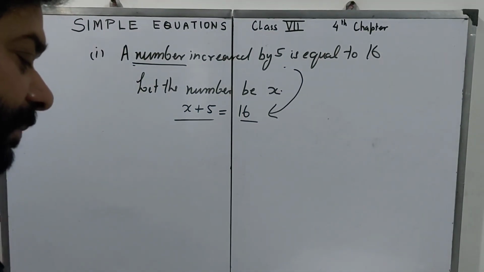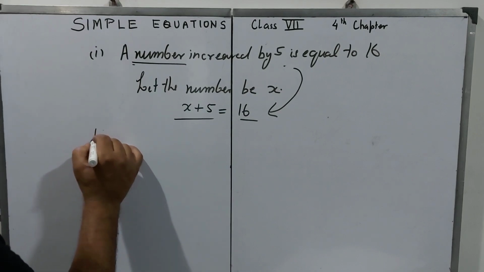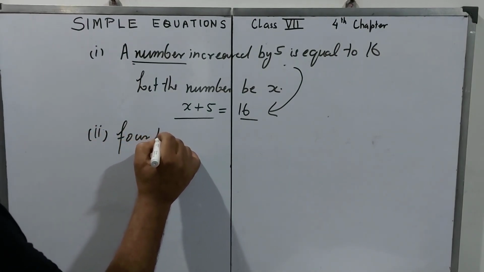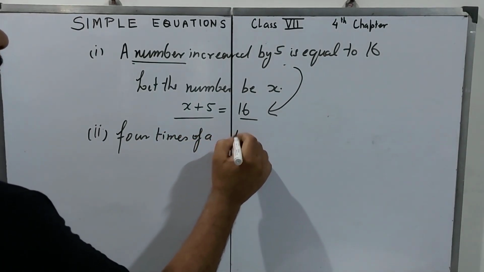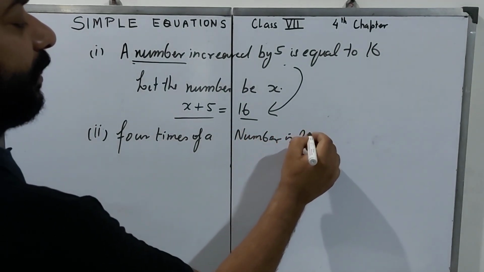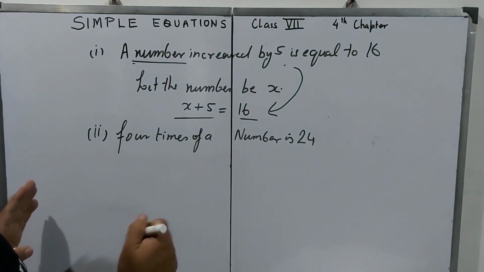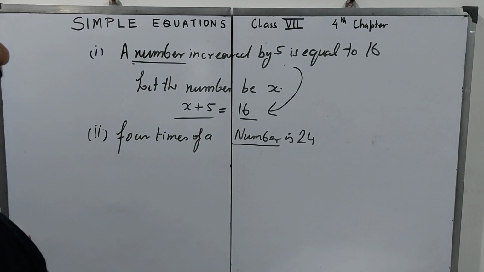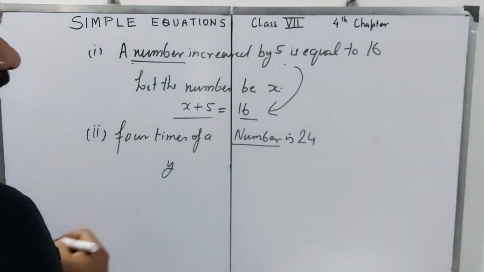One more example: 4 times a number is 24. In this situation, we don't know the number. Again, we will take the number as a variable. Suppose the variable is y.